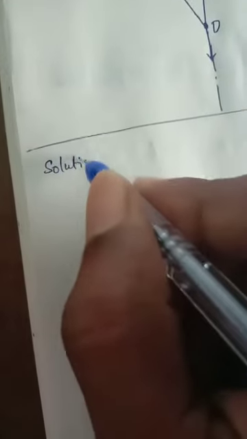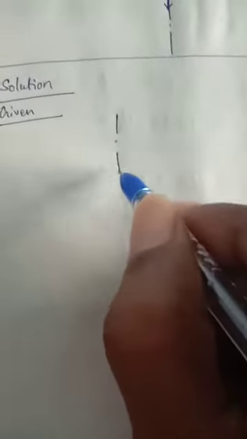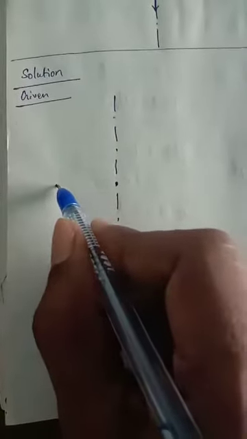Now look here, solution. Given. First of all, we are going to draw the axis line, and then fix one point here and one point here.